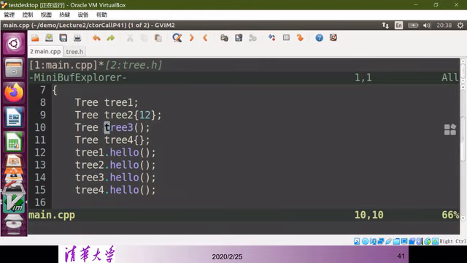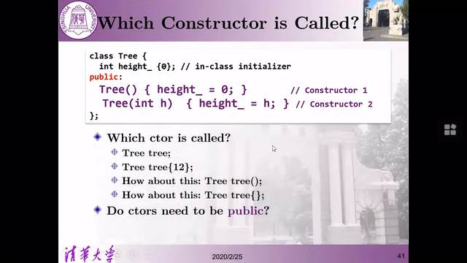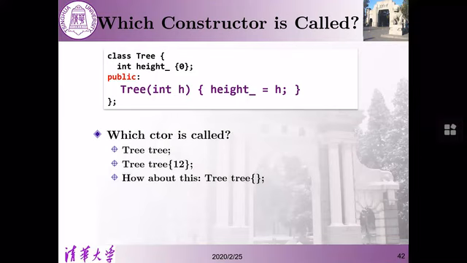So the compiler regards this as a function declaration, not object creation or object definition. So this one is an error. We cannot define objects in this way.